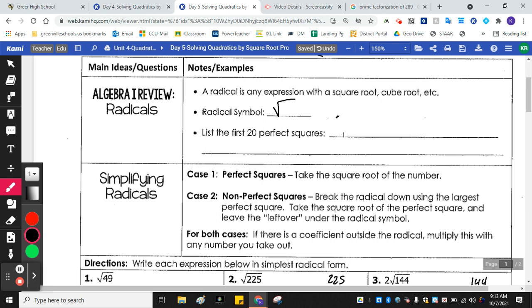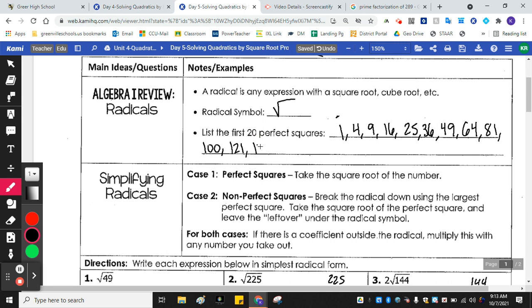The first 20 perfect squares: 1 is 1 times 1, 2 times 2 is 4, 3 times 3 is 9, 4 times 4 is 16, 5 times 5 is 25, 36, 49, 7 times 7, 8 times 8 is 64, 9 times 9 is 81, 100, 10 times 10, 11 times 11 is 121, 12 times 12 is 144.